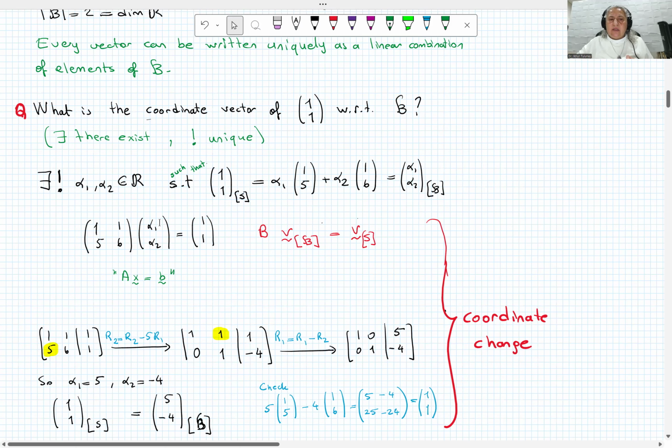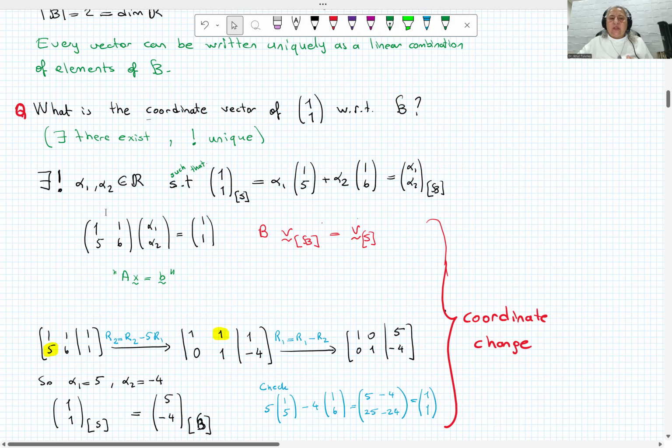And this is the coordinate vector with respect to basis B, and this is the coordinate vector corresponding to the standard basis. So this is exactly what's happening here: B times v_B is equal to the coordinate vector with respect to S. That's the notation I wrote. That's all I've done here. No work, just writing this down.